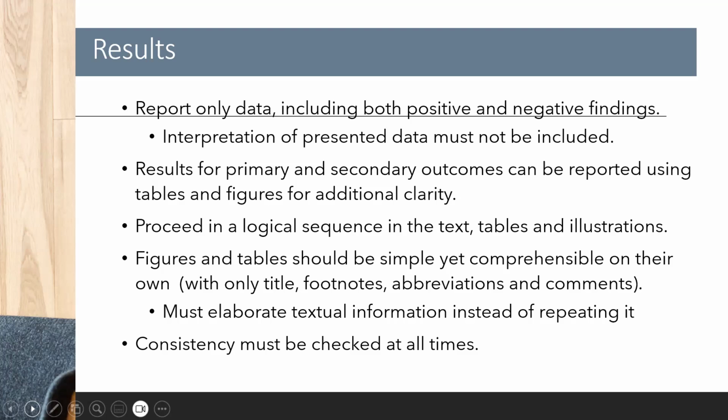These figures and tables must elaborate textual information instead of simply repeating it. We are admonished to not state what is already shown in tables and figures, not to repeat it word for word in our textual narrative. And do check your document for consistency at all times.